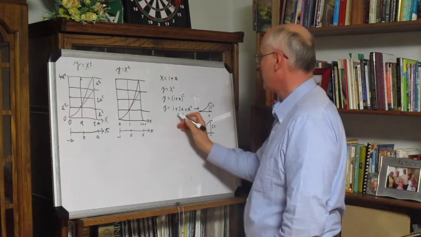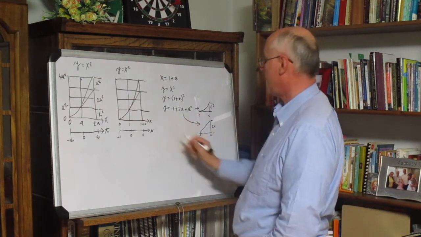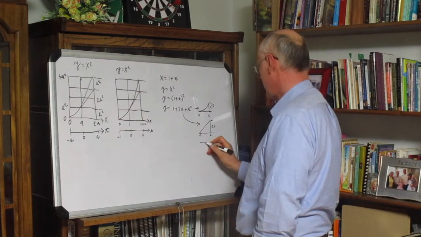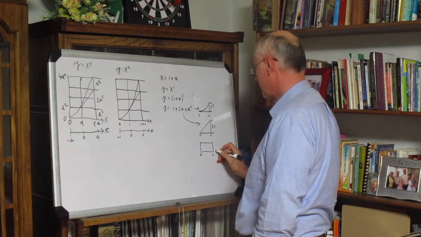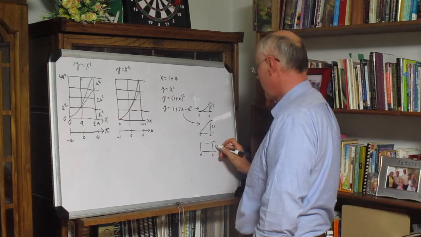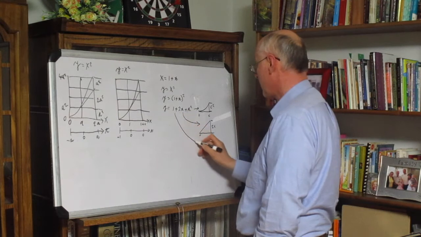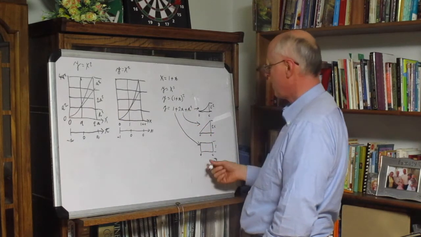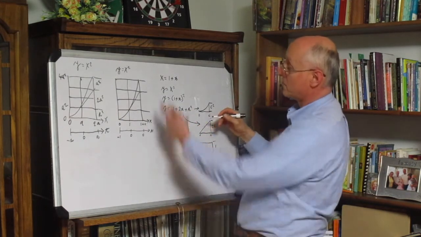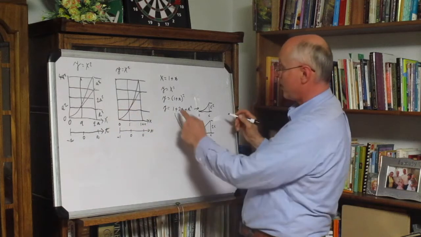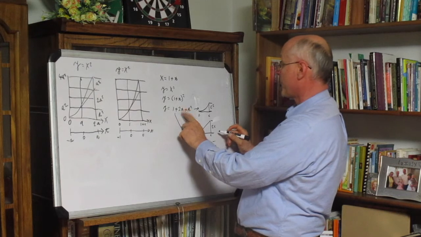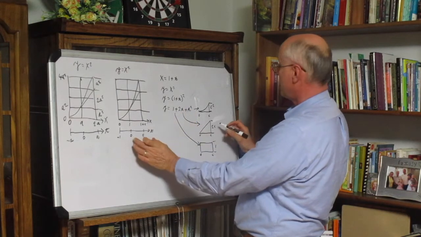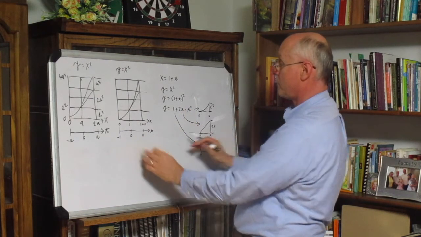Okay. What about this one? Well, that's just the constant, and from 0 to c, that's just 1. So here you have it. You have these three functions: 1, 2t, and t squared, always on the interval from 0 to c.